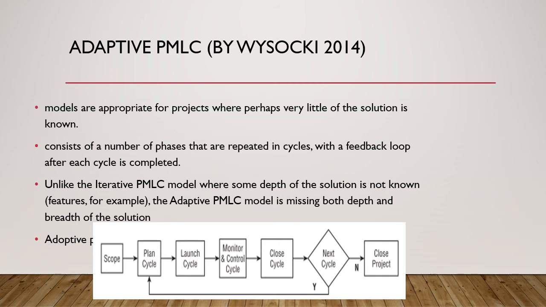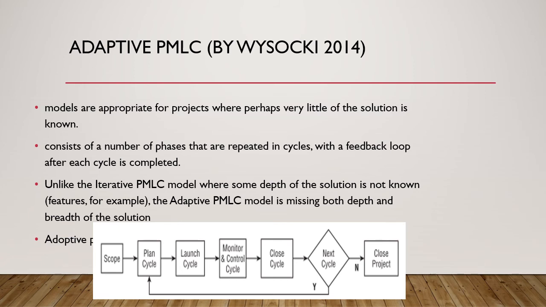For the adaptive project management lifecycle, it's cycles, with a feedback loop after each cycle is completed. Unlike the iterative model, where some depth of the solution is not known, maybe some features of the project, for adaptive, both the depth and breadth of the solution are not known. So the clarity is lower for adaptive types of projects.